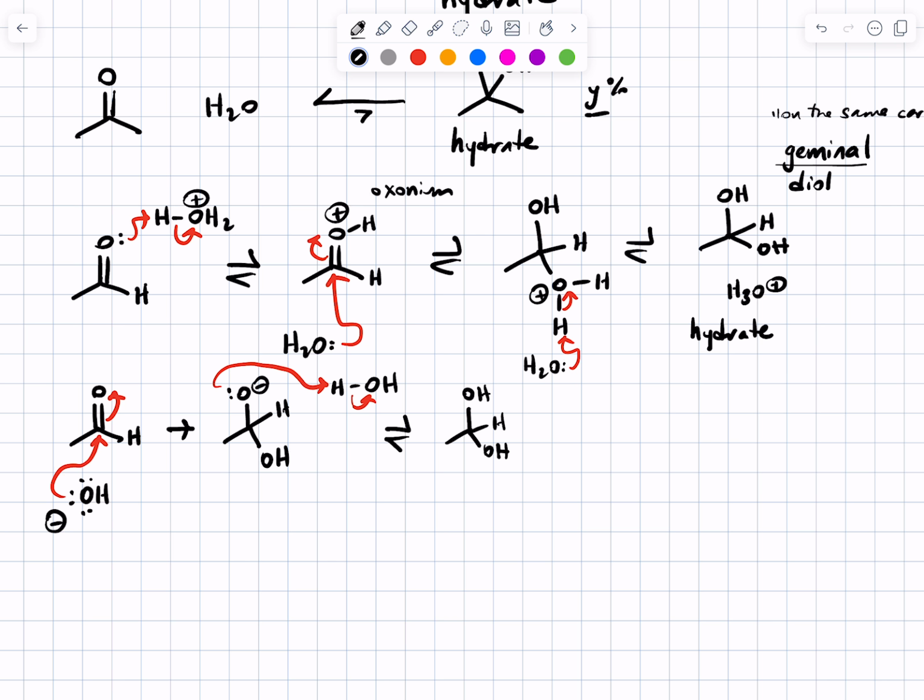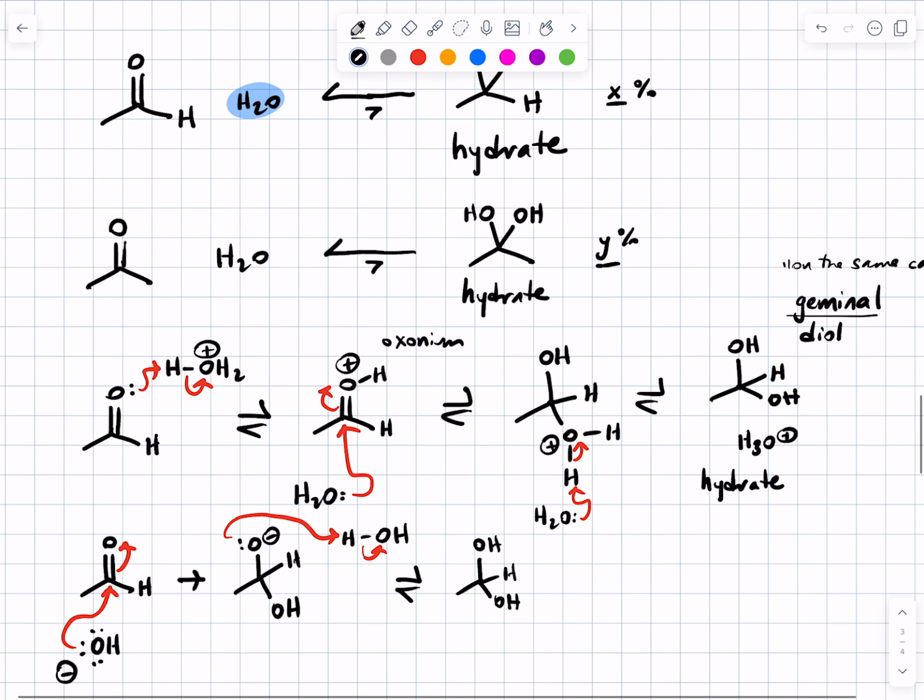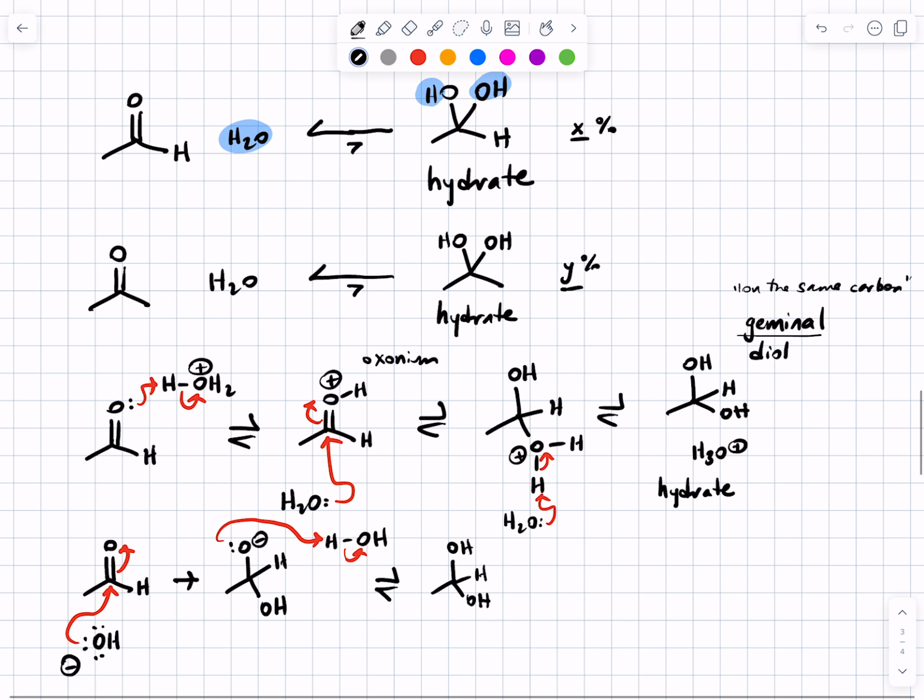Your text, I don't think, makes a big point here, but it is true in organic chemistry that you can use this percentage for how much hydrate is formed as a measure for how electron poor a carbonyl compound is.